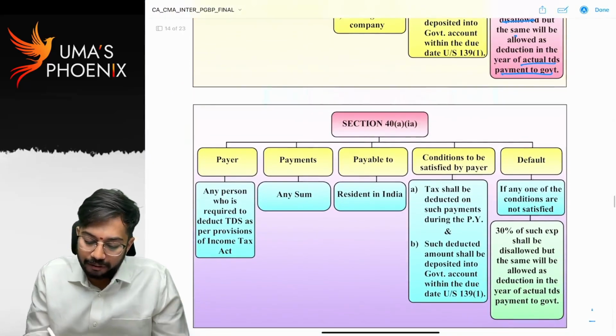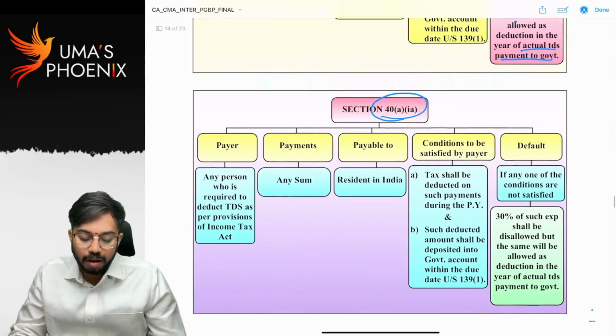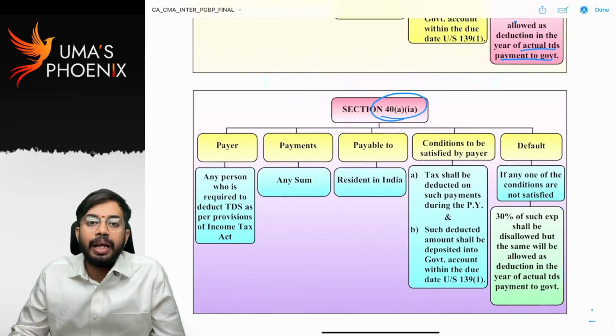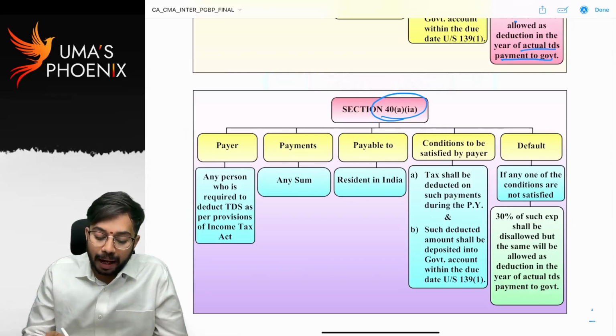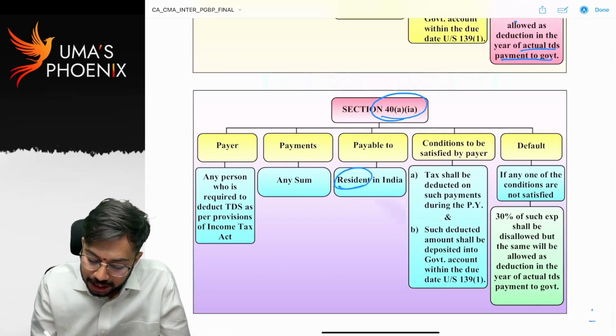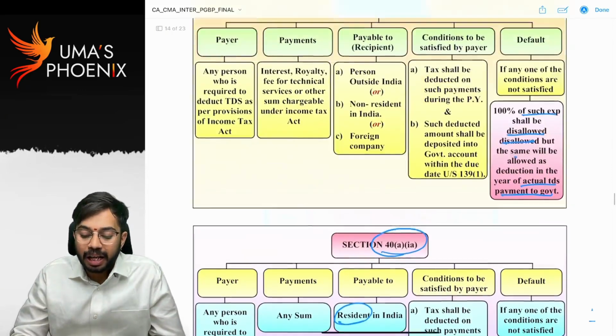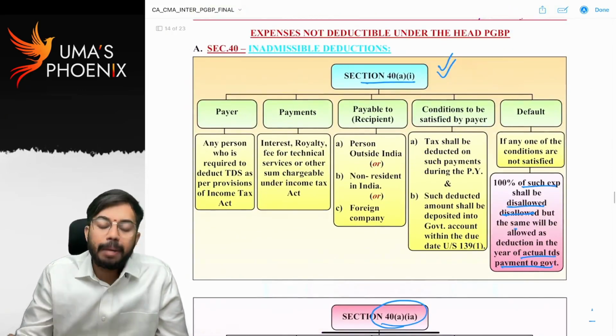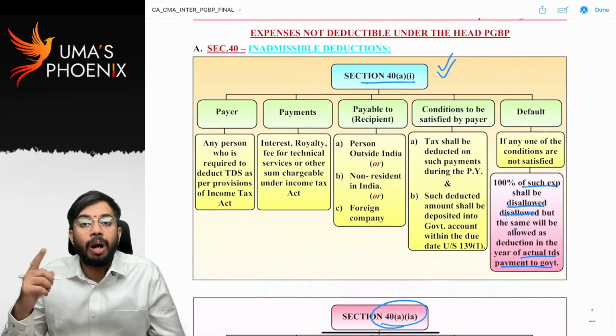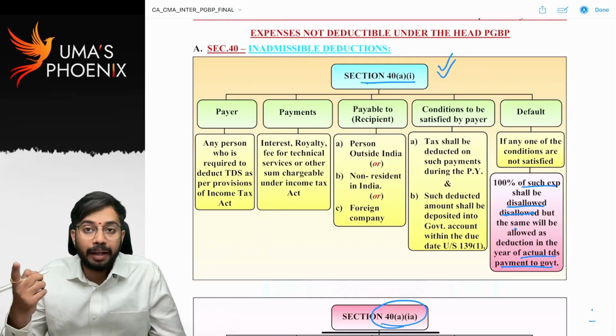Next, 40A(1A). Payer should be any person who is required to deduct TDS, but payer should be making payment to a resident in India. So 40A(1) speaks about payment to a non-resident in India or payment to a foreign company or payment to a person outside India.